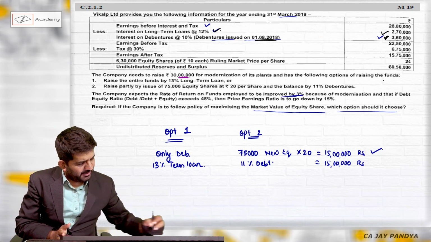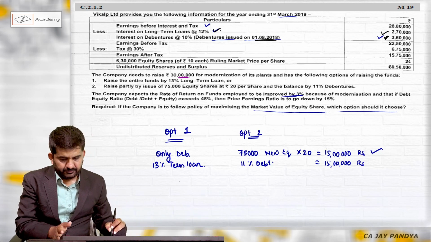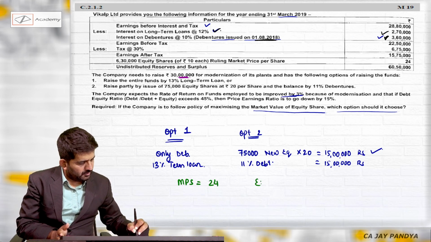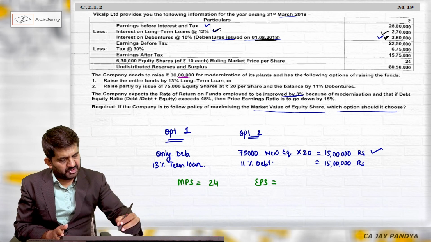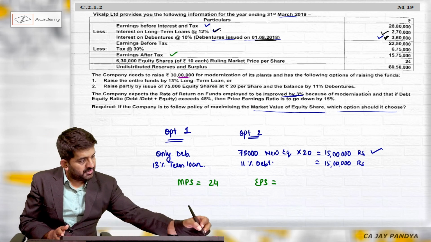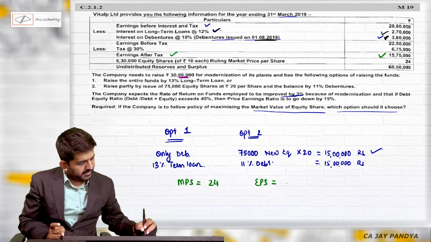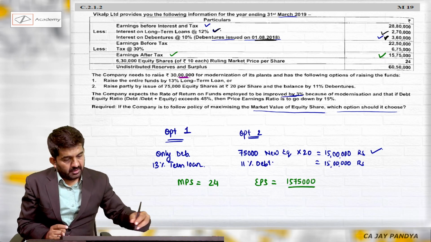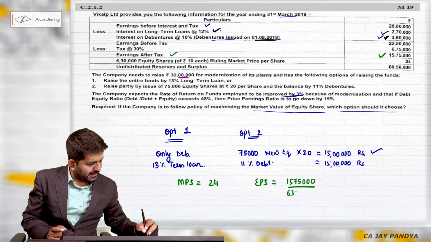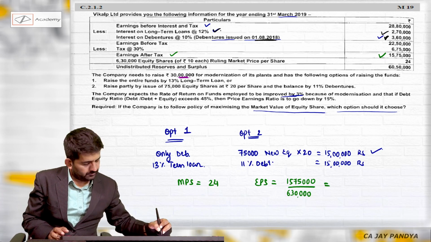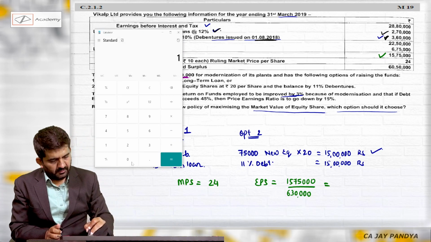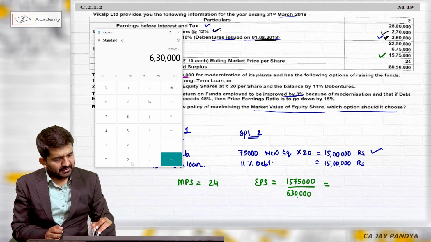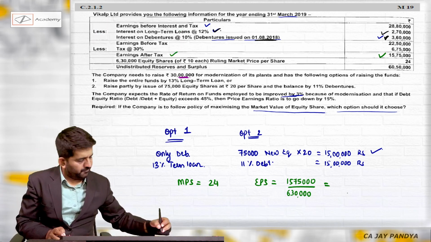My market price is 24. My earning per share is 15,75,000 divided by 6,30,000, which is 2.5.